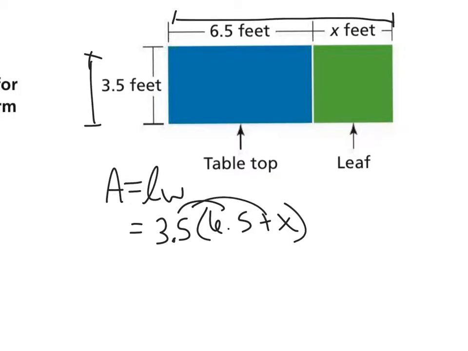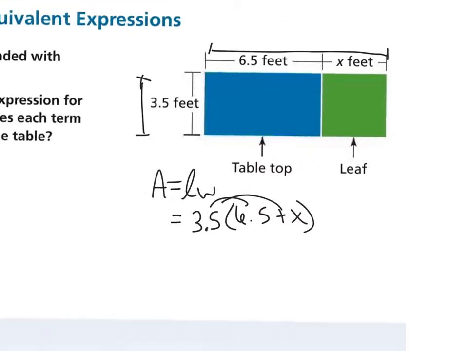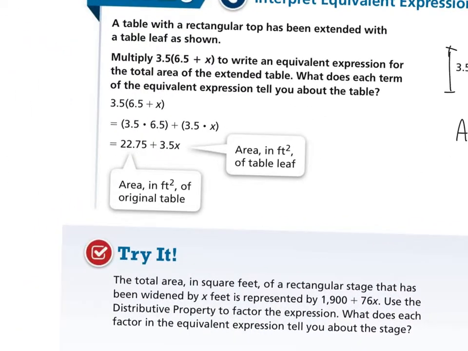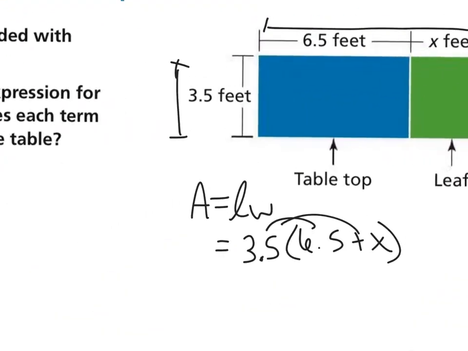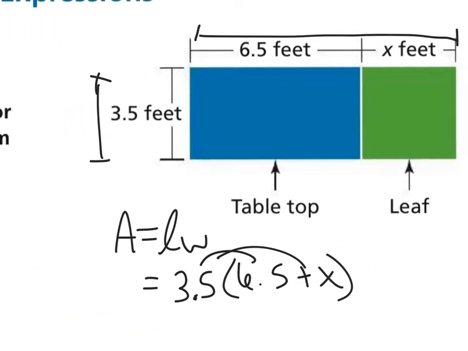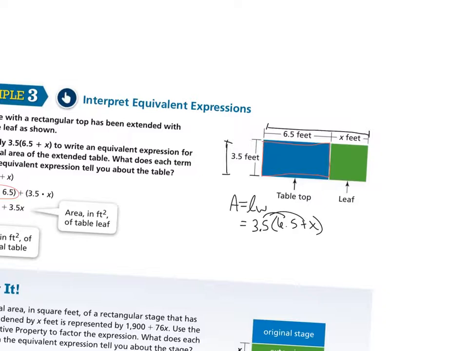So anyway, you multiply that out, you can see what the book did, multiplied, and then they got 22.75 plus 3.5x. And then what happens, it works out to where the 22.75, that was 3.5 times 6.5. Well, if we look at this picture, that actually would be the area of the original tabletop. And then the leaf got added.